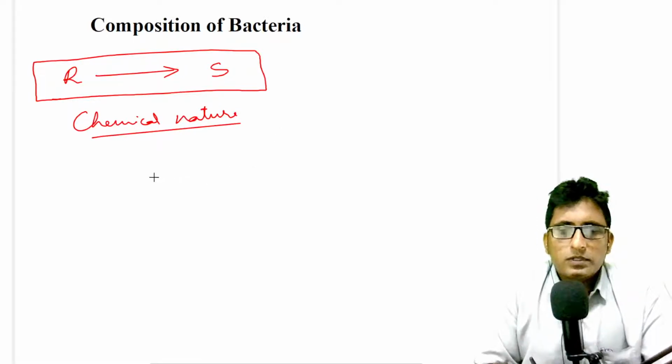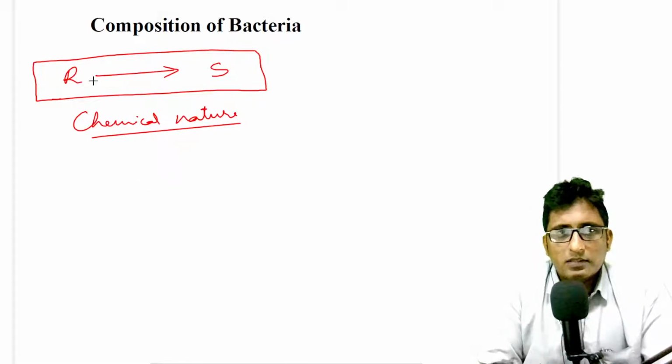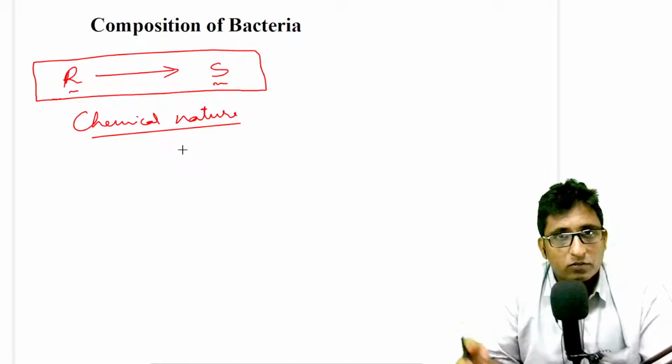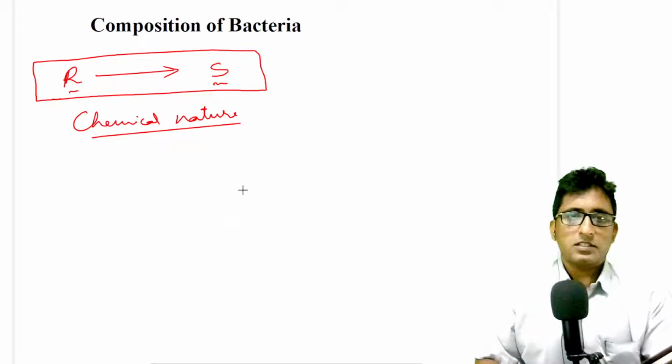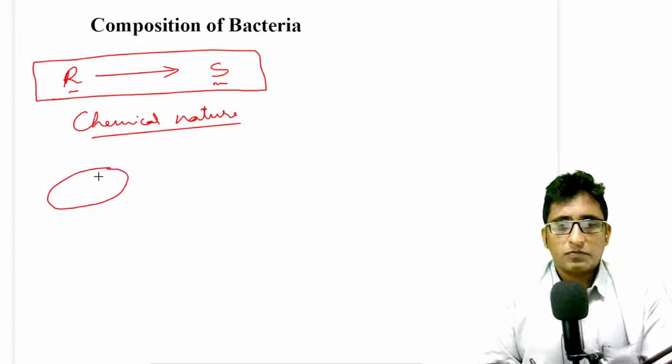If a bacterium of R strain is transforming into S strain, then it must be because of some molecule within the bacterium, right?